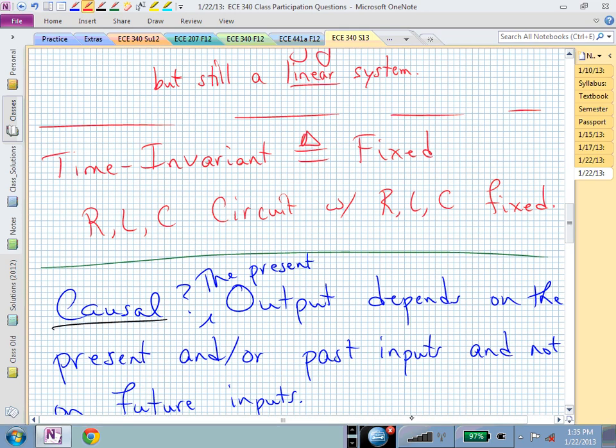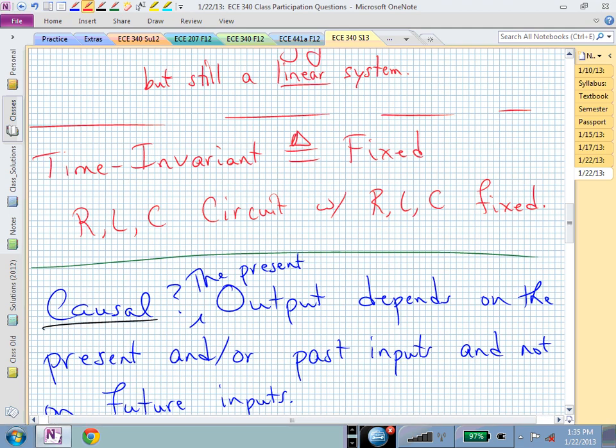So here is where I think I left off. Time invariant means fixed. If you had an RLC circuit, then your R's, L's, and C's are constant. They don't change with time. That's the difference between time varying and time invariant. The last system that we just looked at with the cosine of 6t had a coefficient that was a function of time.